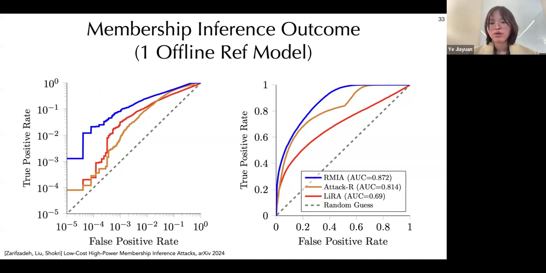Meanwhile, if you incorporate population data together with reference model, you can significantly reduce the estimation variance or error. So here, RMIA is the last attack, which incorporates both population data and reference model, while the other two attacks, attack R and LIRA, are both reference model based attacks that do not explicitly use population data as decision baseline.